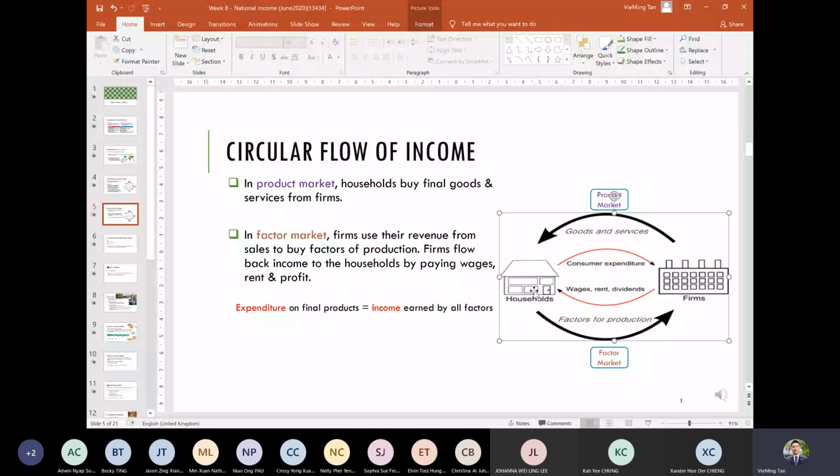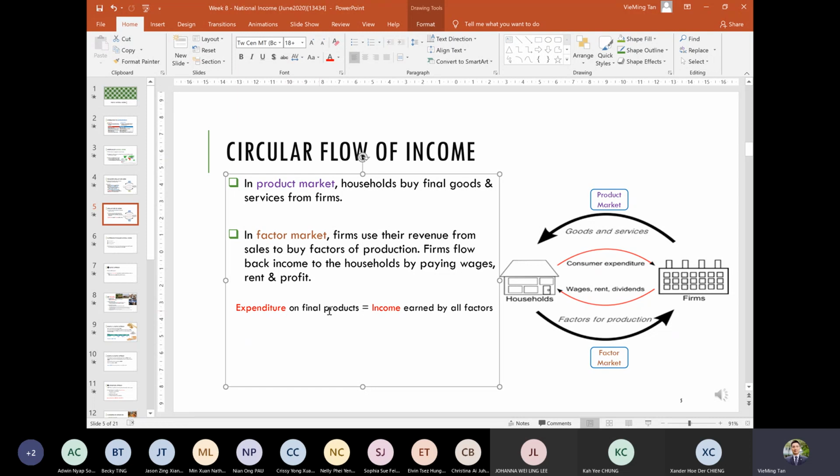Because there is no saving, there is no intermediate goods, and all are finished goods, it is observed that the total expenditure on final goods among the household is equal to the income received by the household for the four factors of production.